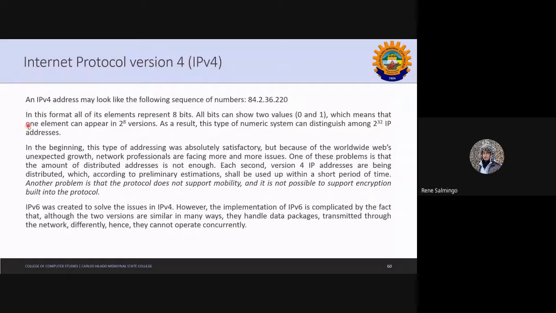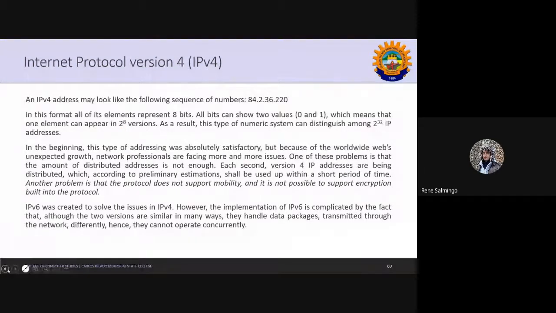So that's why we have this format where all elements represent 8 bits with values 0 and 1, which means that one element can appear in 2 to the 8 variations. As a result, you have a numeric system distinguishing among 2 to the 32 IP addresses.